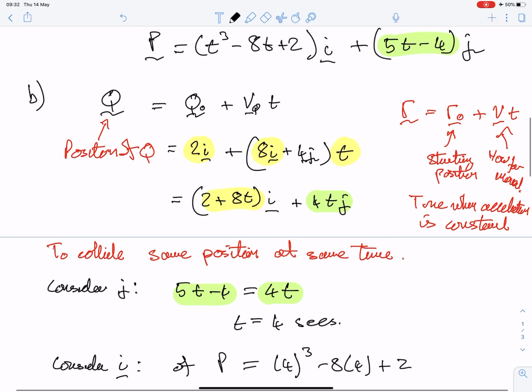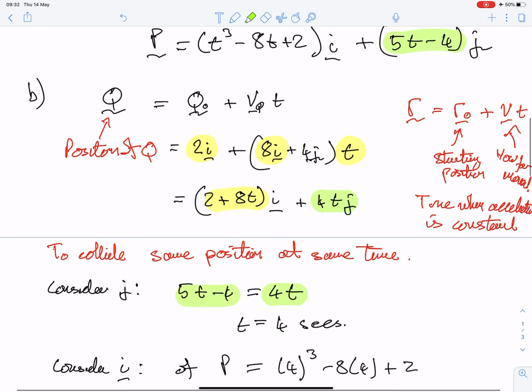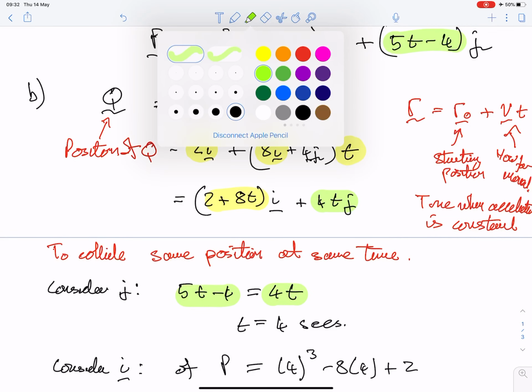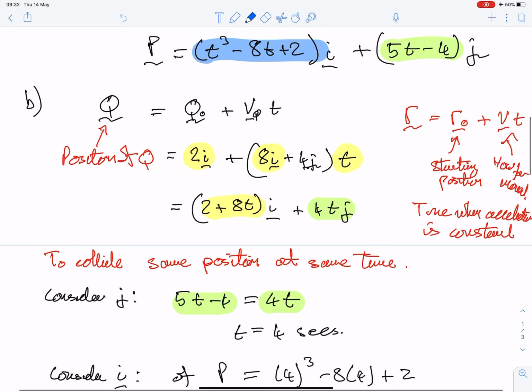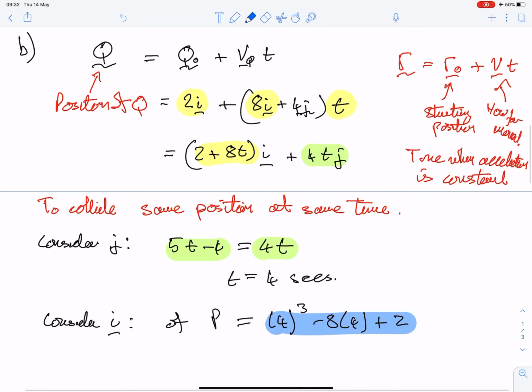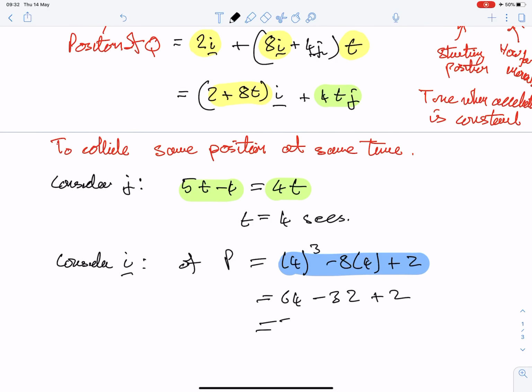Substituting the 4 into this equation at the top of the page here. There's the i component that we've substituted in for t, and t was equal to 4 down there. So we get 64 minus 32 plus 2 equals 34.